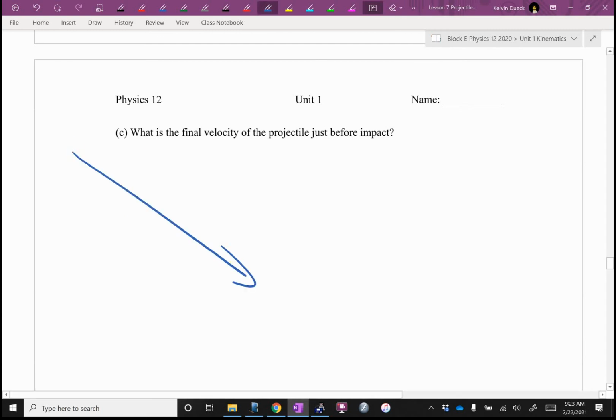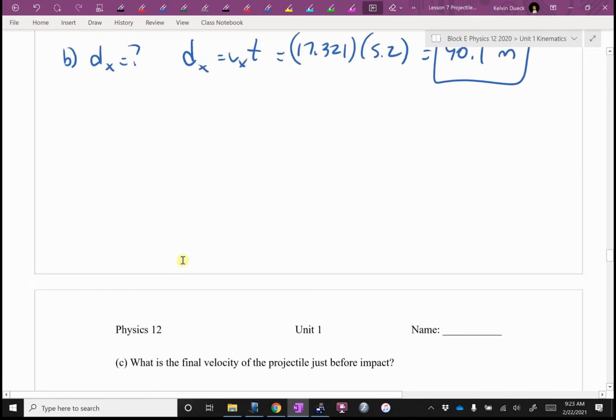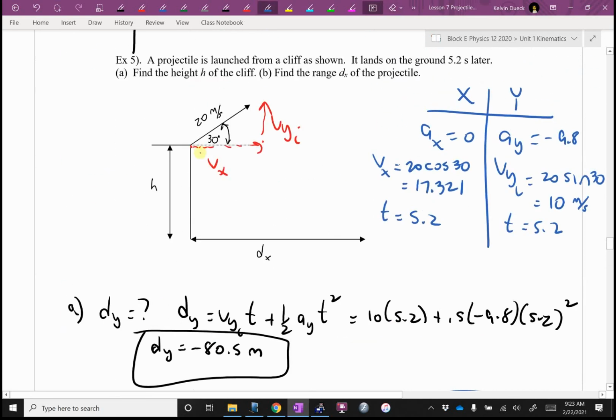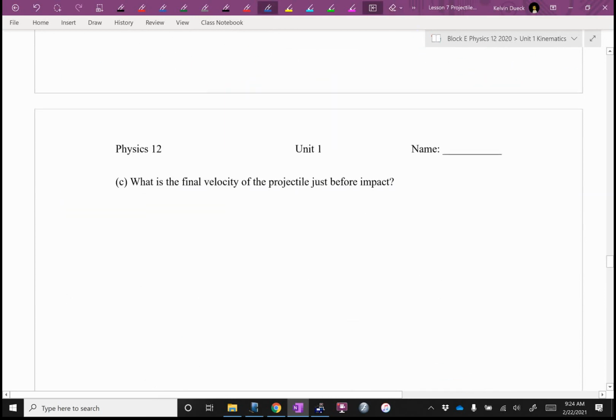Might be steeper, could be shallower, but we're launching from a cliff, so I'm thinking something like that. There's the velocity they want me to find. It's hitting the ground at an angle.